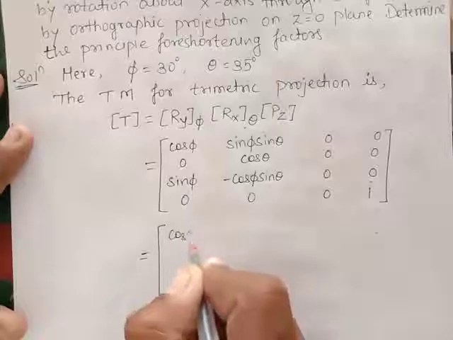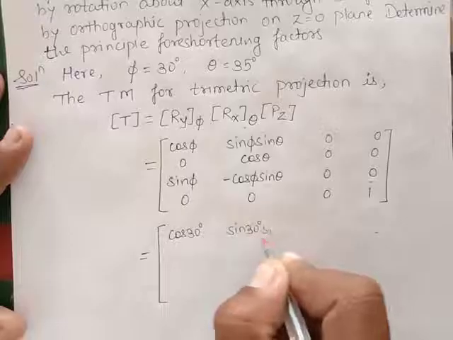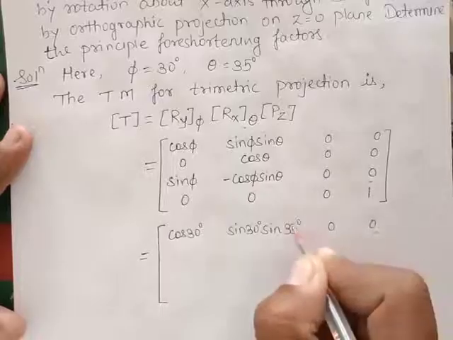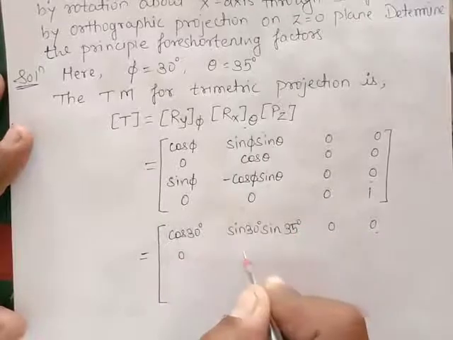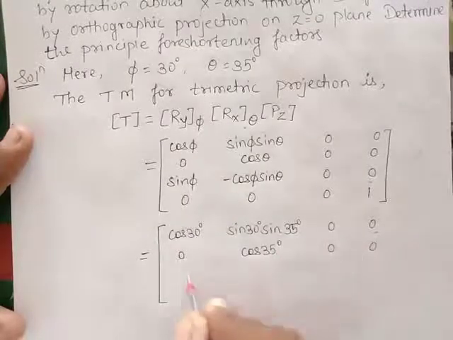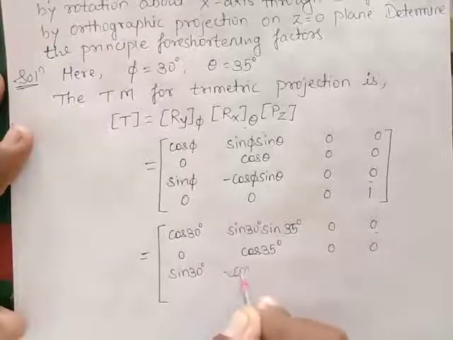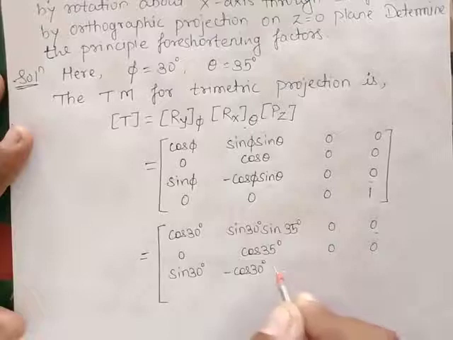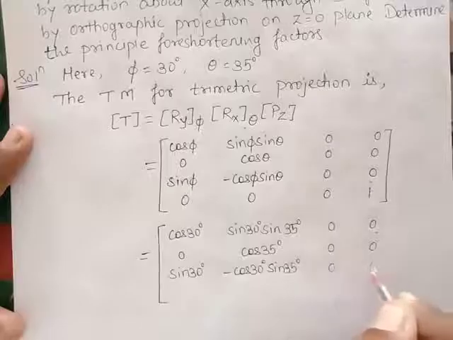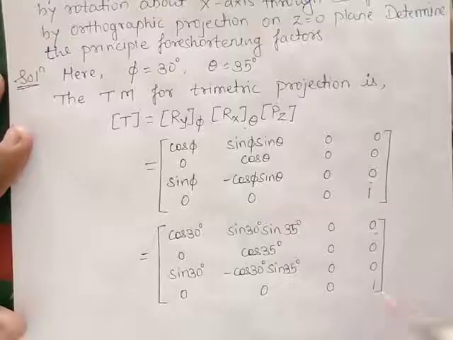Cos of 30 degree, sin of 30 degree into sin of 35 degree, 0, 0, 0 cos of 35 degree, 0, 0 sin of 30 degree minus cos of 30 degree into sin of 35 degree, right? 0, 0, 0, 0, 0, 1. This one we have to determine.